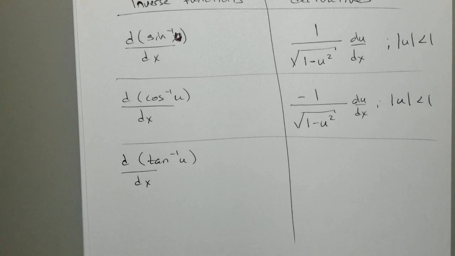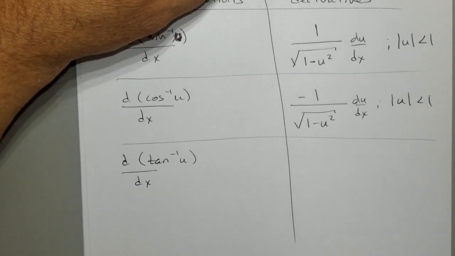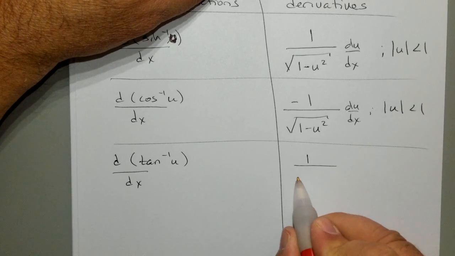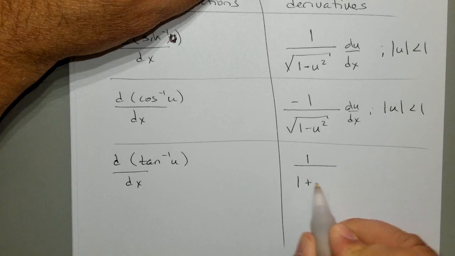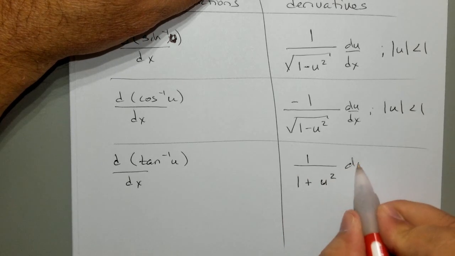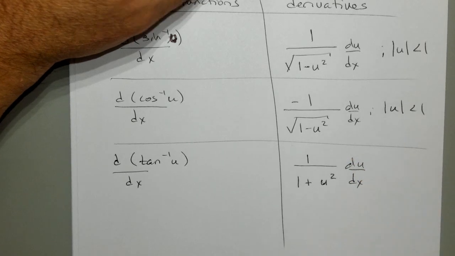The derivative of the tangent function: one over 1 plus u squared du dx.